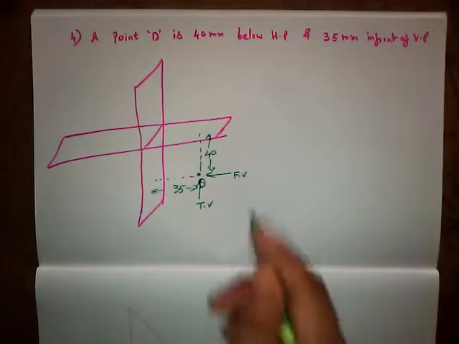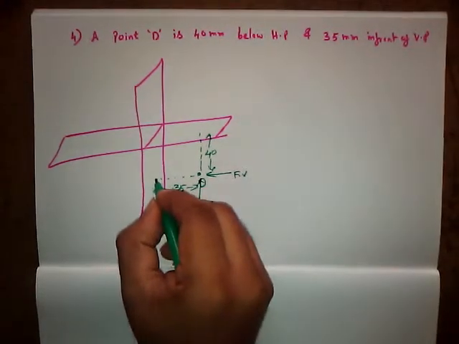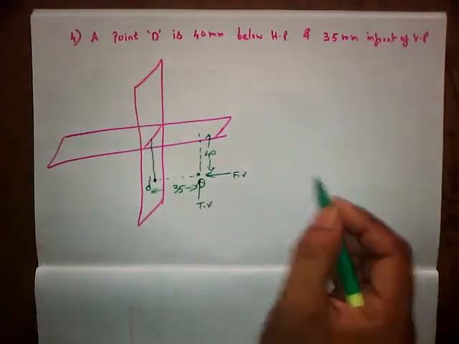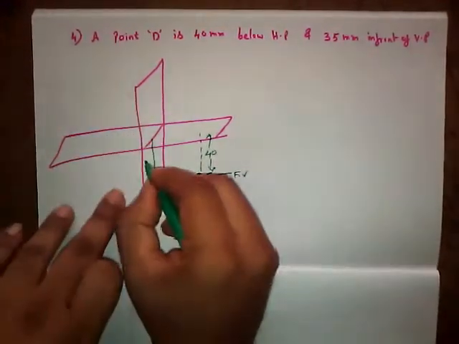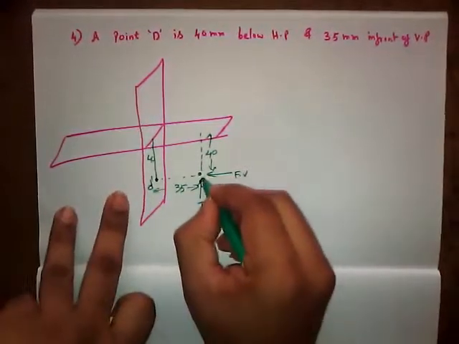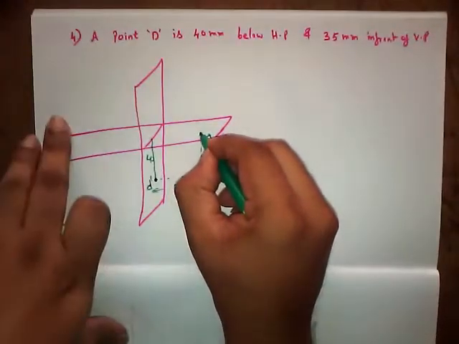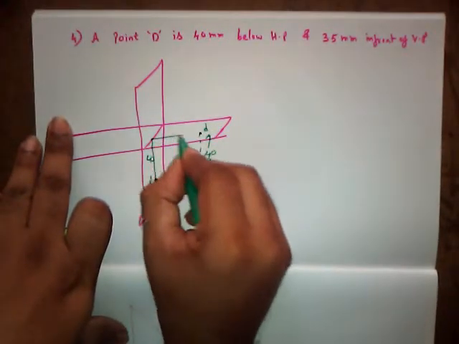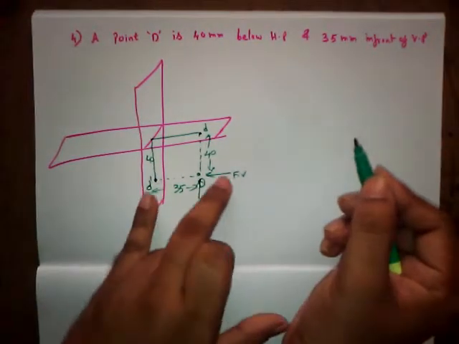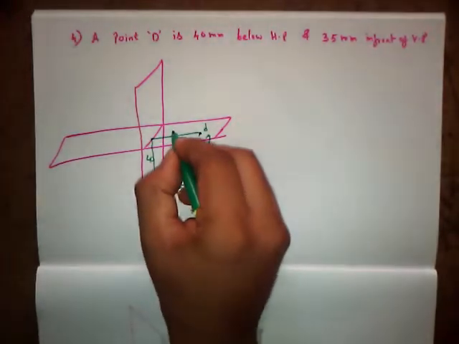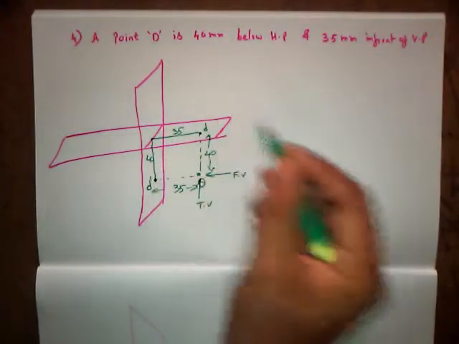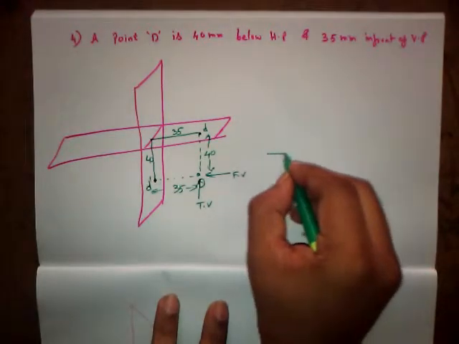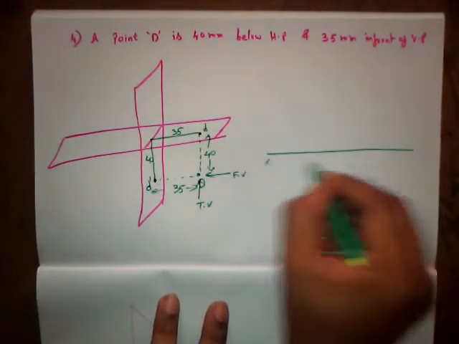If I view from the front, this is going to be our D dash, and this distance is going to be the opposite distance, that is 40 mm. And if I view vertically, this is going to be our top view. The name of the point is small d, and this distance is going to be the opposite distance, 35 mm. So let us take this one as 35 mm. Now let us draw the XY reference line.